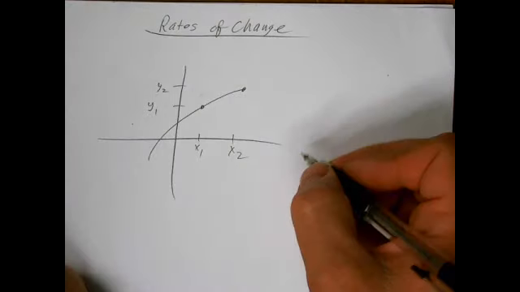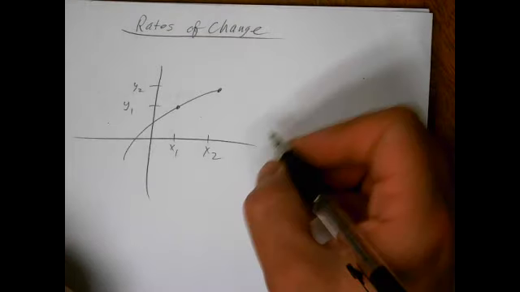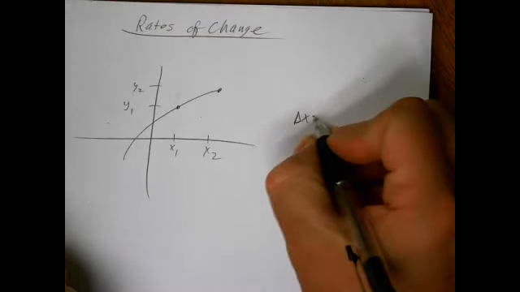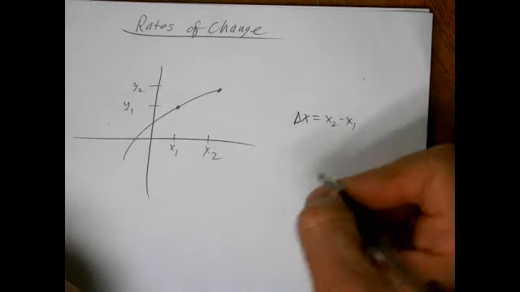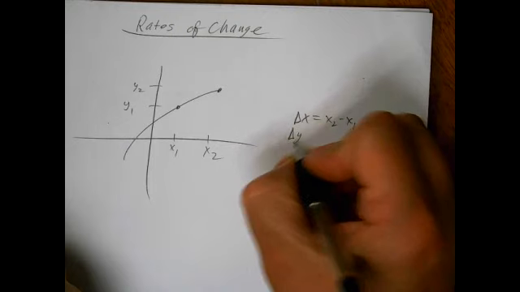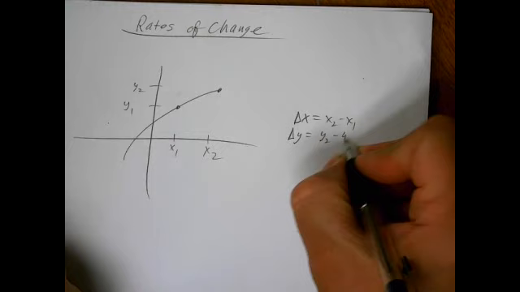Remember, and this is as much as just remembering the terminology as anything, remember delta x means change in x, which would be x2 minus x1. Remember, delta y means change in y, which would be y2 minus y1.